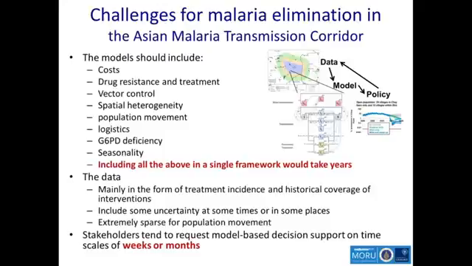As soon as we propose with our NMCP partners, our Malaria Control Programme partners, a certain strategy, the next question from them is, okay, how much will it cost? So we integrate costs and economics into our transmission dynamic models.